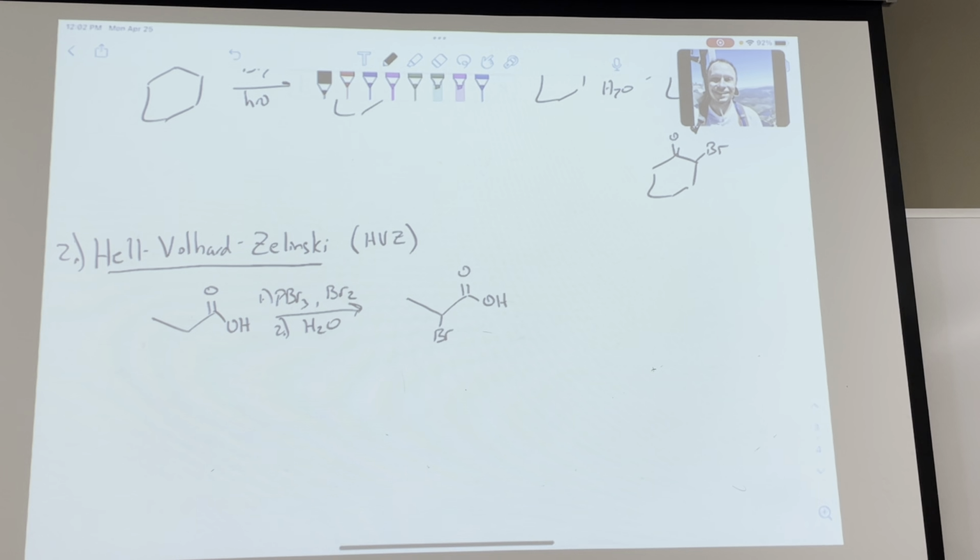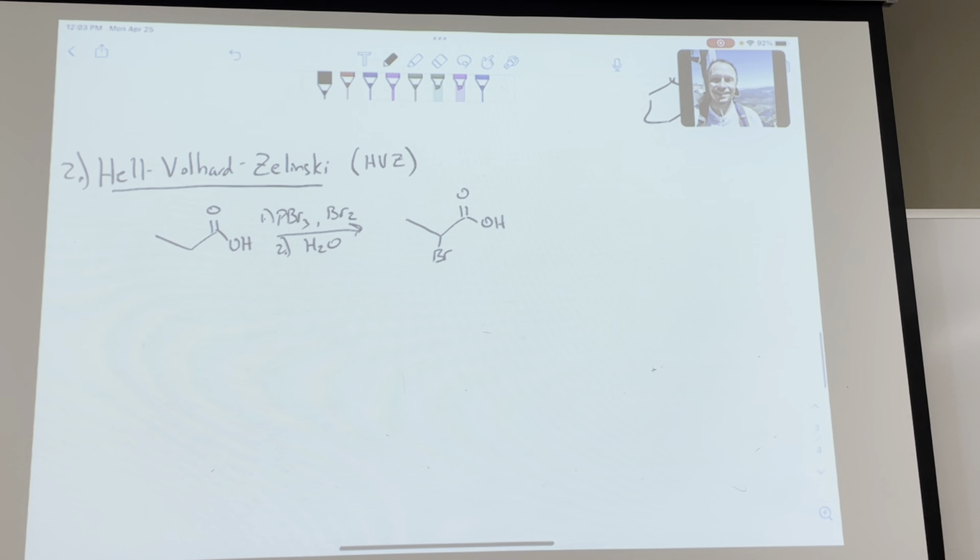Okay. So the reason why this works, whereas the direct halogenation didn't, will become apparent as we look at the mechanism of this. So what do you think is going to happen first? What happens if we take a carboxylic acid, or really anything containing an OH group, and we give it PBr3?